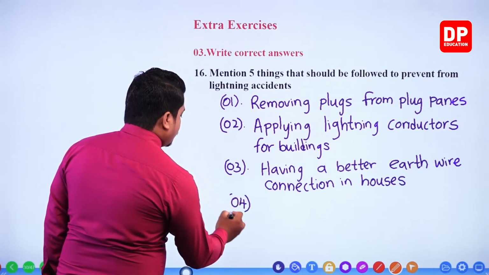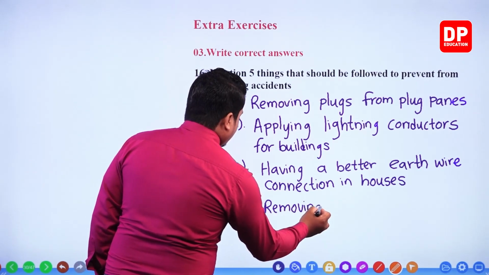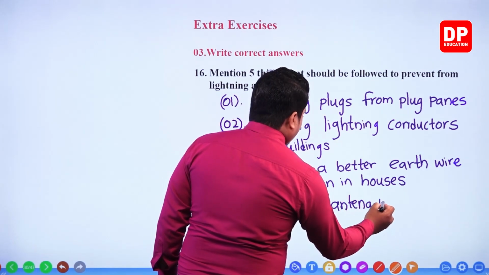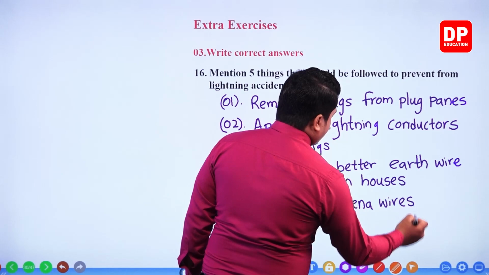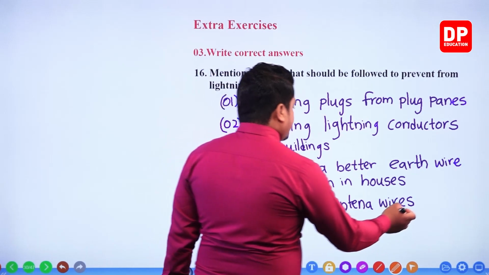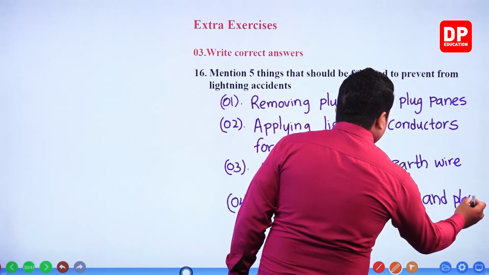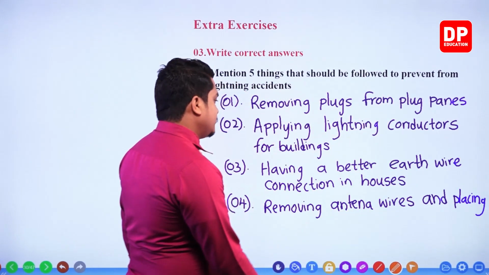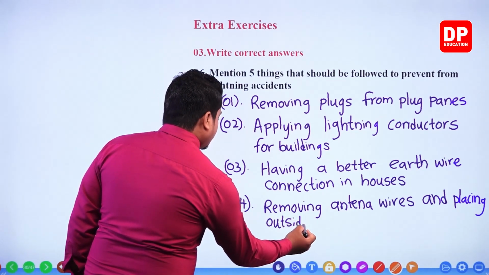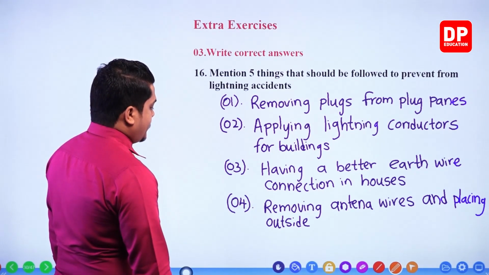Number 4, removing antenna wires and placing them outside. Removing antenna wires and placing outside.